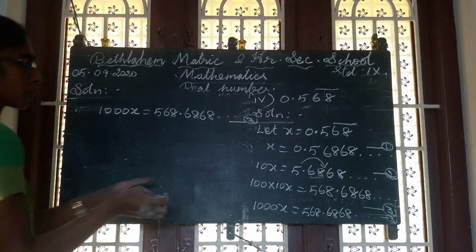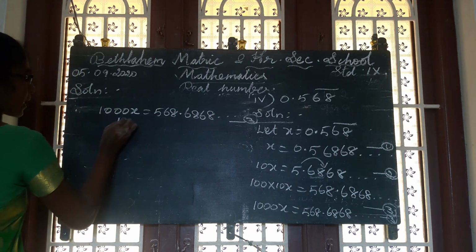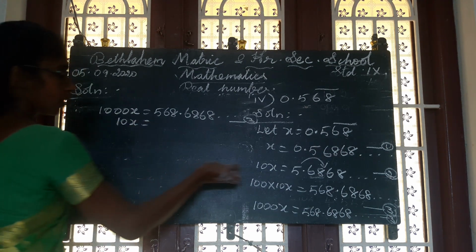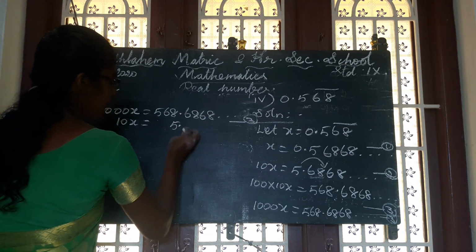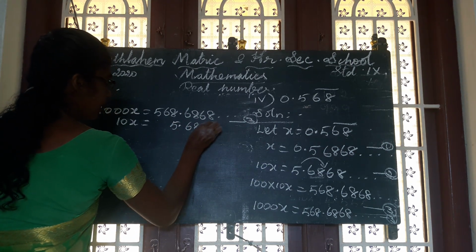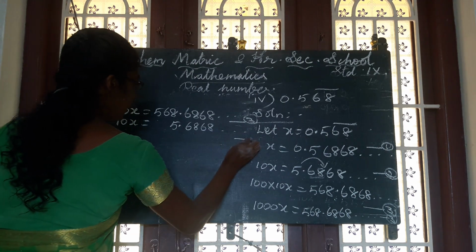What is equation 2? 10x is equal to 5.6868 etc. This is equation 2.